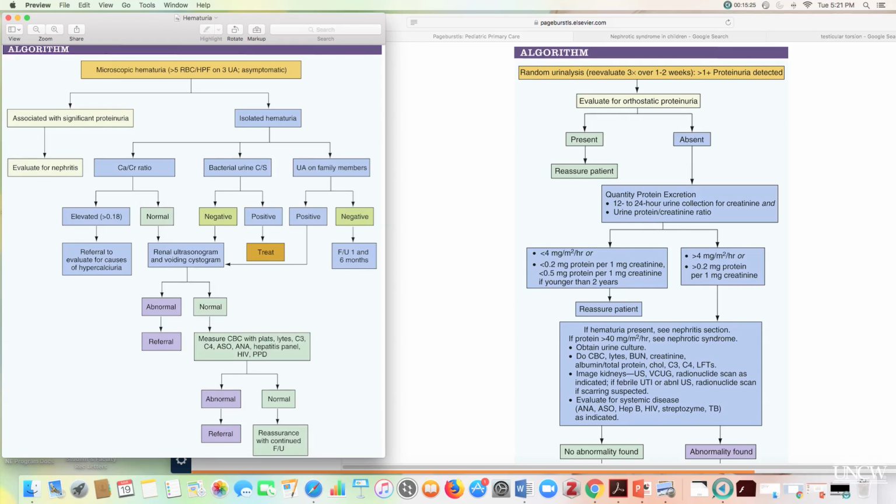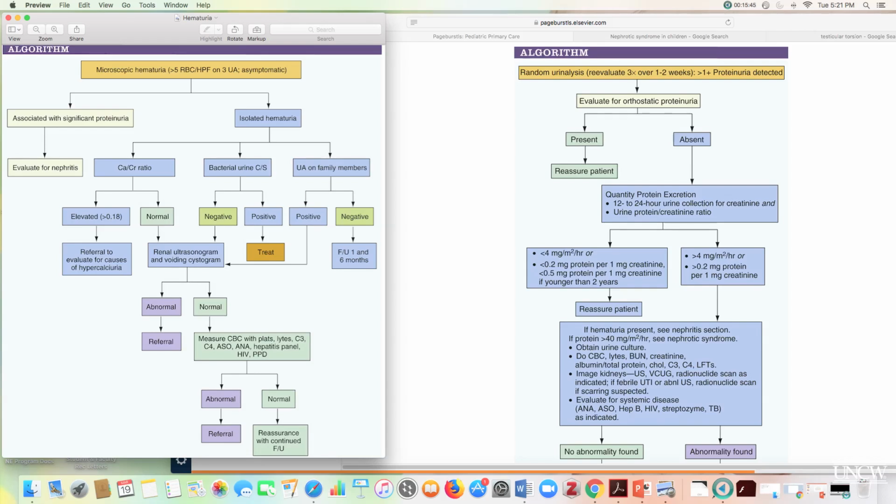Because it is very common to have a kid who has proteinuria. You see it quite often in practice. It should not be present that the child has proteinuria and hematuria together.